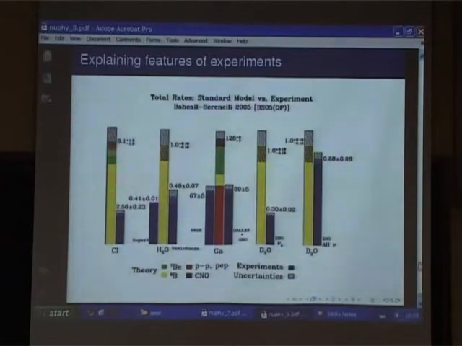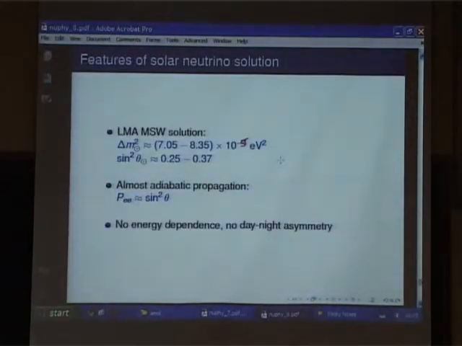So finally we have this solution, and I think 2002 was the year when we zoomed in on the LMA solution. KamLAND gave its results in maybe around 2005 or so. From that point of time, we are reasonably certain that at least to the first order, when you talk about 2 neutrino mixing, the solar solution is settled.